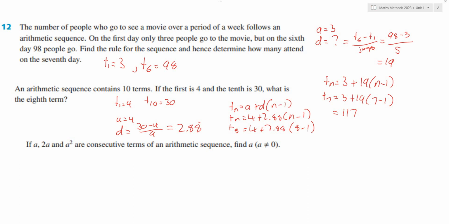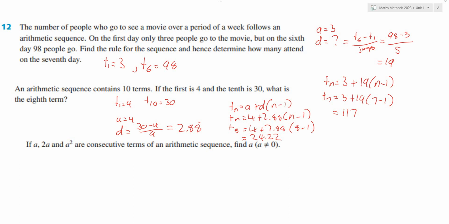That's just the general rule. And then I subbed in, because I want to find the 8th term, n equals 8. And what does that give us? Pretty easy. That one's just annoying because it had that decimal in it, but otherwise nothing harder than the first one.